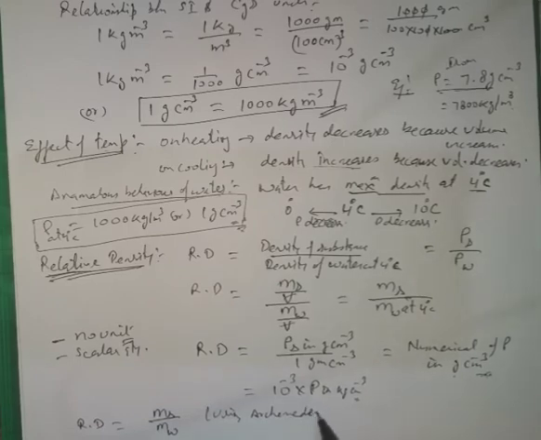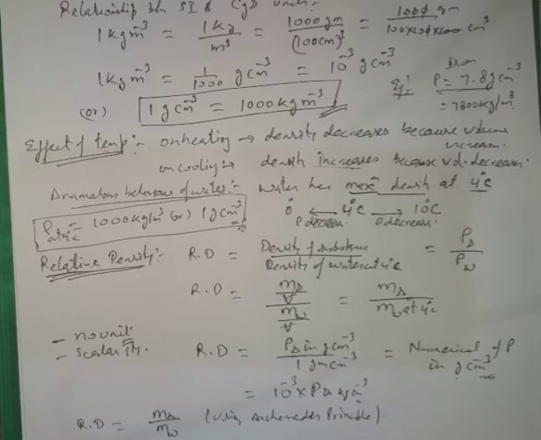Using Archimedes principle, we know that the mass of water of volume equal to that of the body is obtained by finding the mass of water displaced by the body.